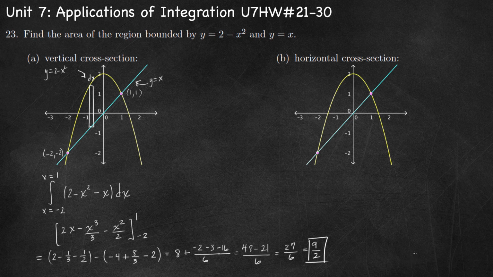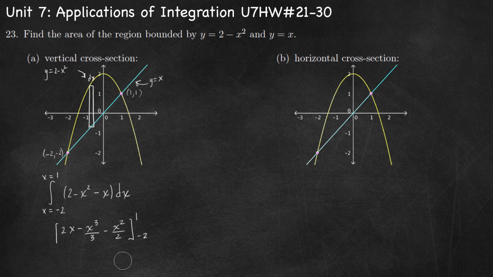Now let's try that again using horizontal cross-section. For horizontal cross-section, we actually run into a problem. Let me erase some of this. We'll just remember that it was 9 over 2. And now we have some more room to work.